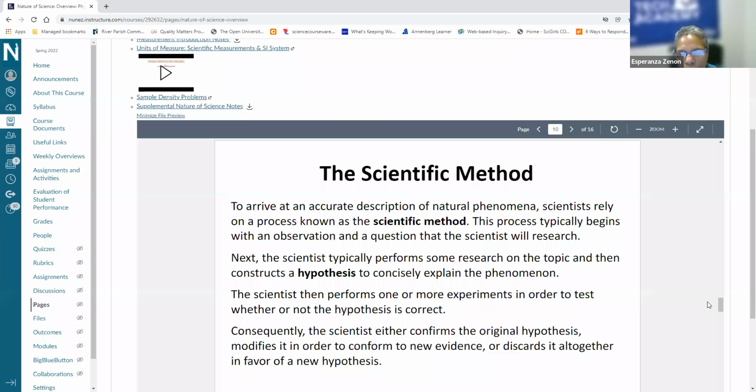Okay. And so this, as they mentioned, this process typically begins with an observation and a question. And then the scientist researches the topic and then constructs a hypothesis. So a hypothesis, there are two definitions that I typically rely on. A hypothesis, number one, can be thought of as a testable prediction. That's the key for science. It has to be testable.